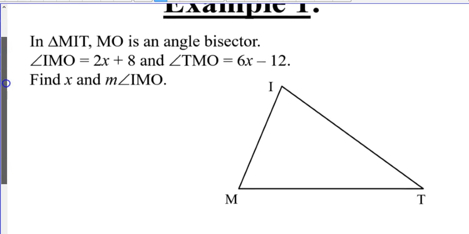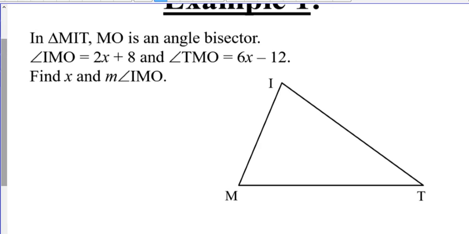All right. In MIT, MO is an angle bisector. Okay? So we're going to cut this angle, M, in half. So we want to kind of go through there, like so.